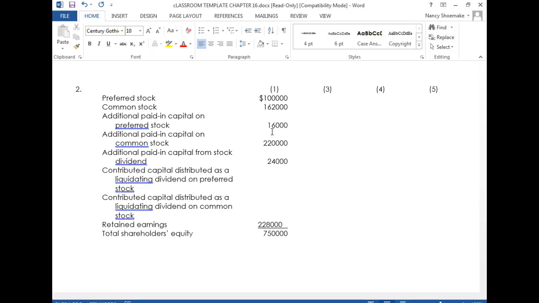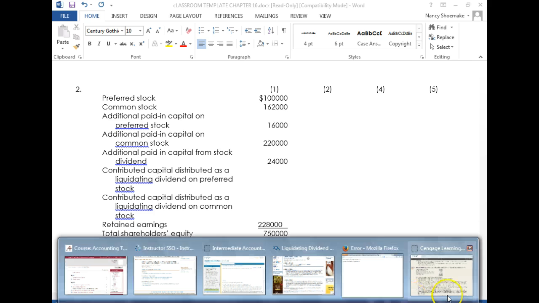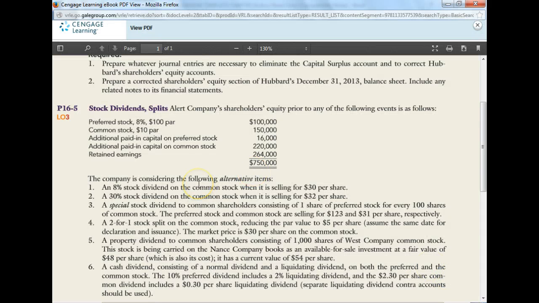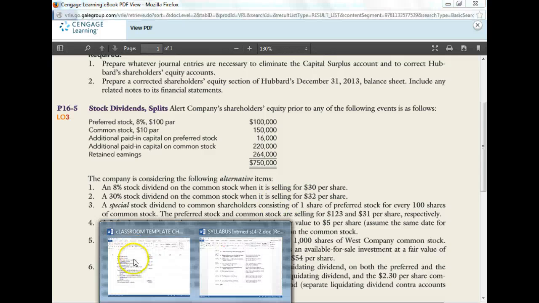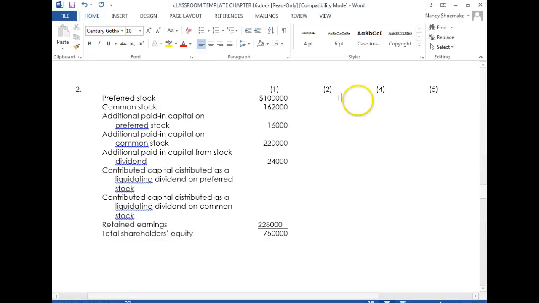Okay, so let's look at number 2. Did anything change with our preferred stock in number 2? Let's look back here. It said a 30% stock dividend on the common stock when it is selling for $32 a share. Did anything change on preferred? It didn't, so it's still sitting at 100,000. What about our common stock?